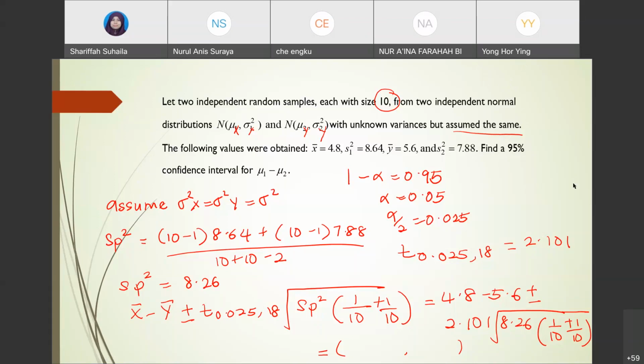Tulis dalam chat pun boleh. Lower limit dia apa, upper limit dia apa. Okay, lower negative 3.5, 1.9. Okay, thank you. Okay. Negative 3. Okay.